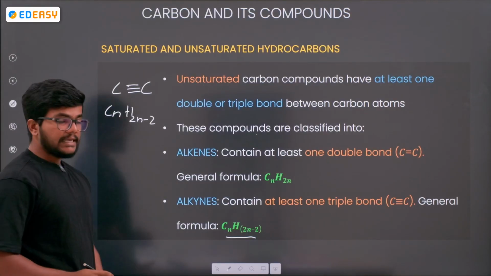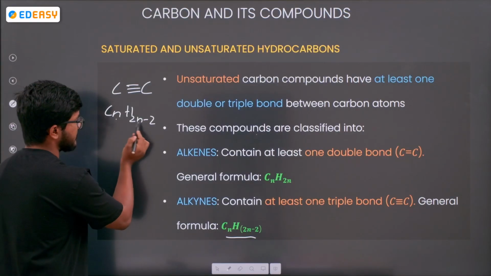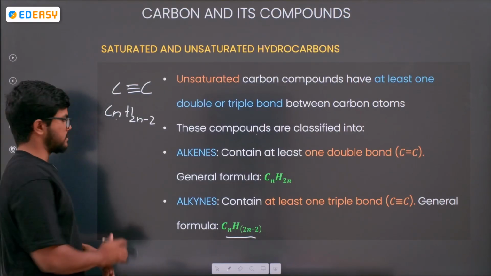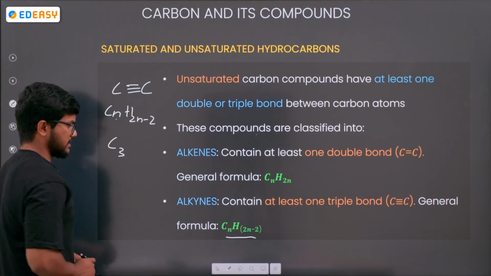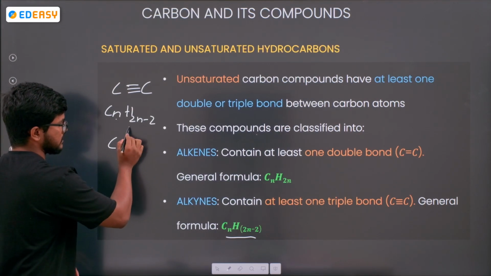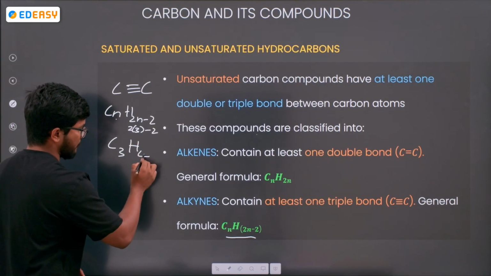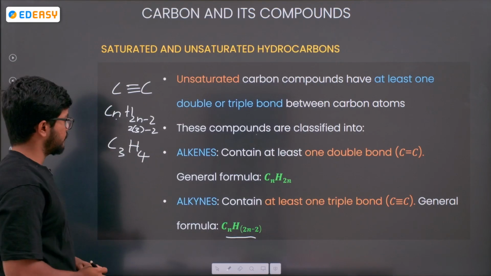Sorry, CnH2n minus 2. So for n number of carbons, we need 2n minus 2 hydrogens. Let us assume 3 carbons: 2 times 3 is 6, minus 2, will be 4.